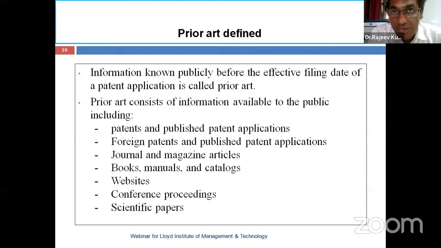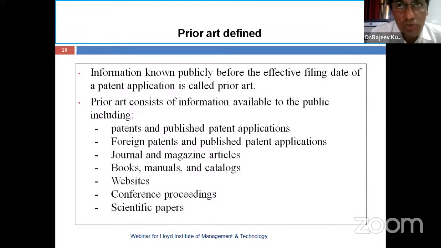Novelty is never assessed based on the knowledge existing in a single country. The examiner of a patent will check the novelty based on all the published literature worldwide, through the different databases.